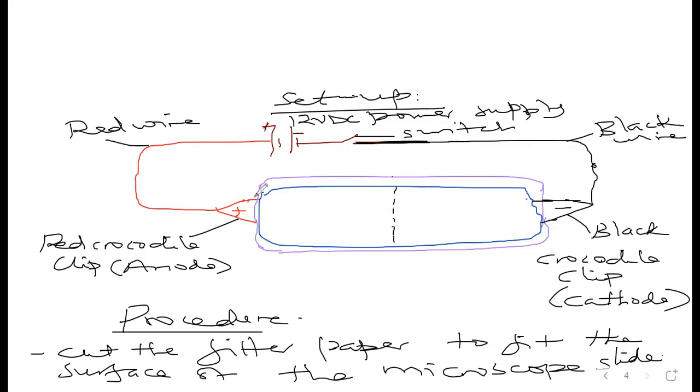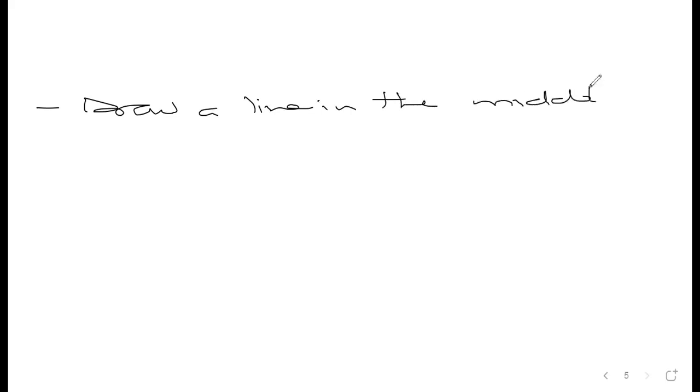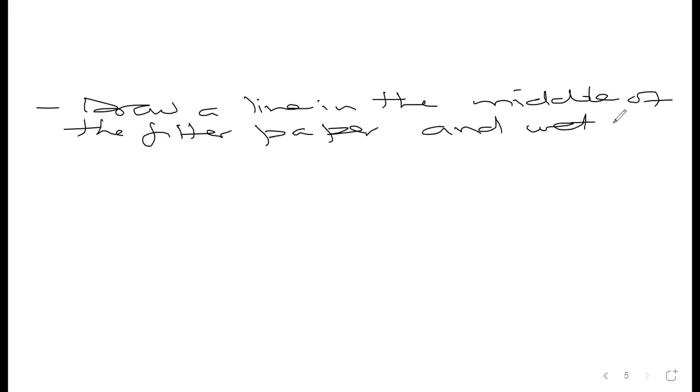Remember, electrolysis occurs if the compound we are electrolyzing is in solution. So next step is to draw a line in the middle of the filter paper and wet it with water.